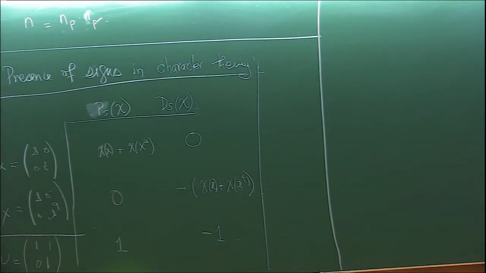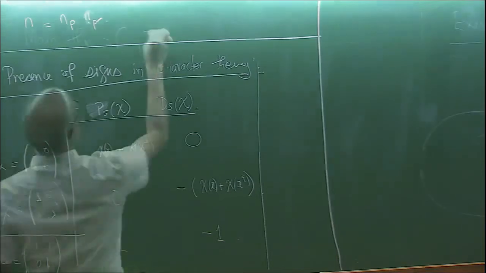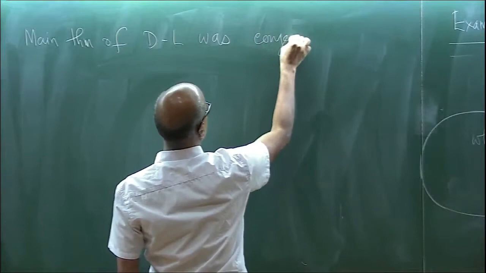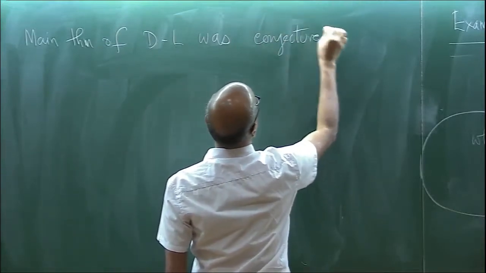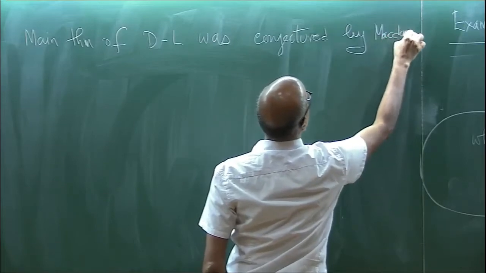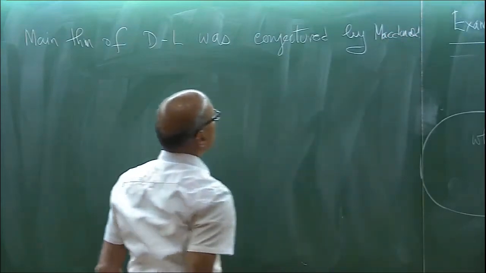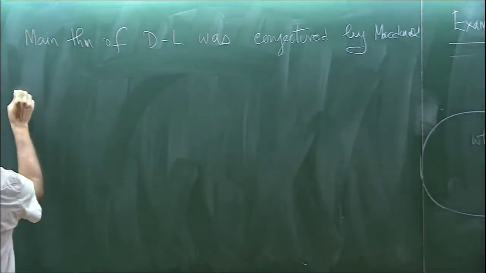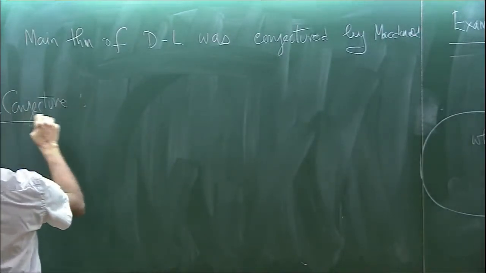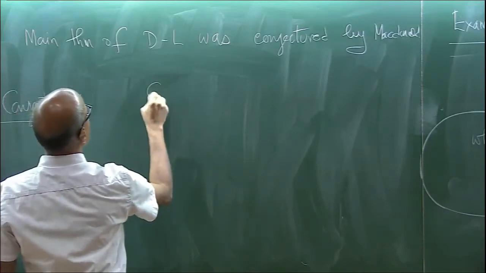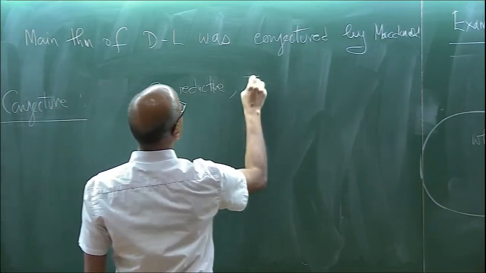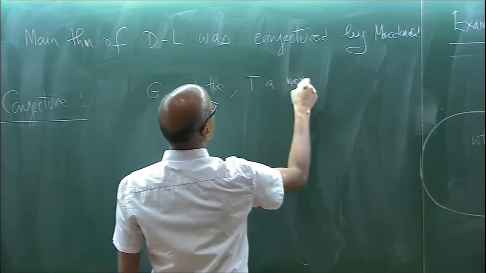The main theorem of the lecture was conjectured by MacDonald. The conjecture is the following: G reductive, T a maximal torus.